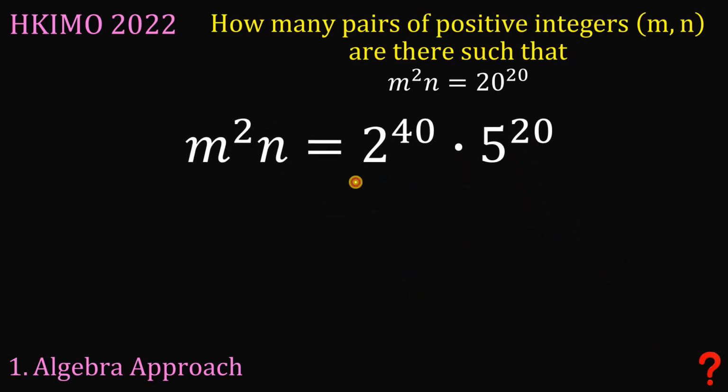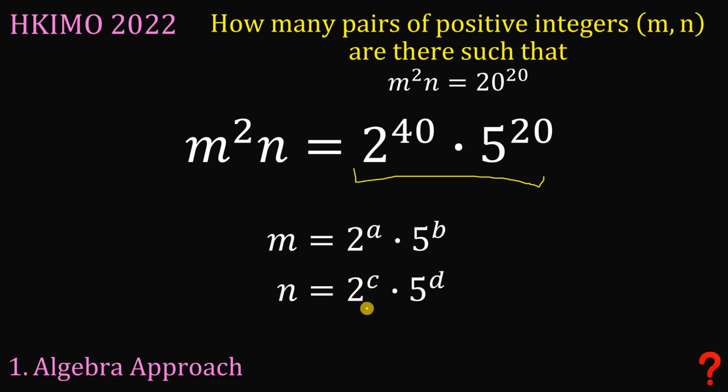Now, since the right-hand side is in the form of 2 raised to the power of 40 times 5 raised to the power of 20, we can rewrite m in the form of 2 to some power times 5 raised to some power. And also n, we can rewrite the same way as 2 raised to some power times 5 raised to some power.